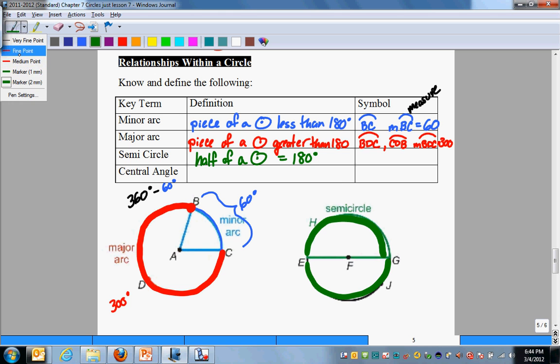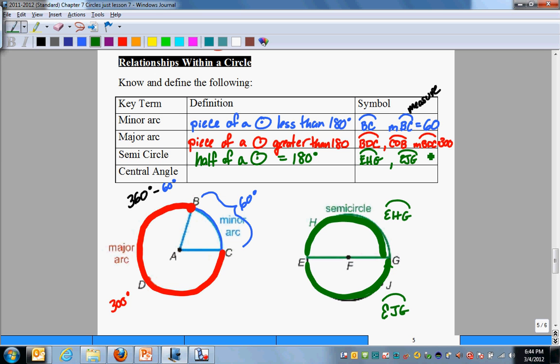So I would designate the semicircle EHG, or over here I could go E through J to G. Notice you have to use 3 letters. Semicircles are half a circle. You must use 3 letters.